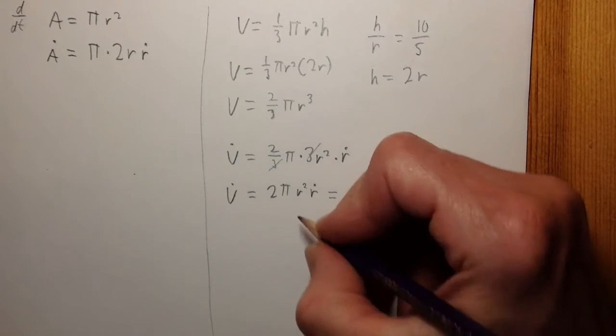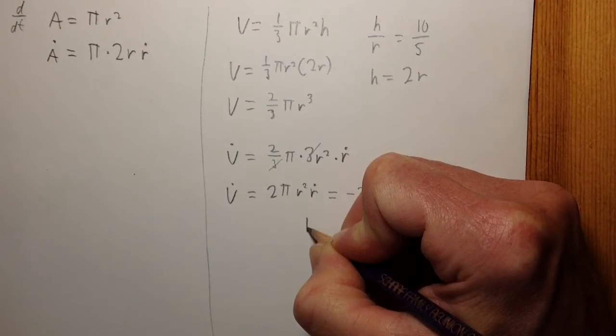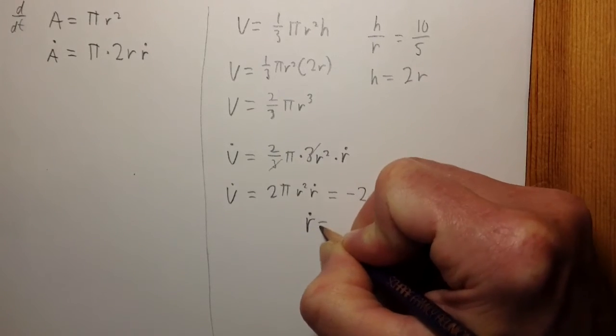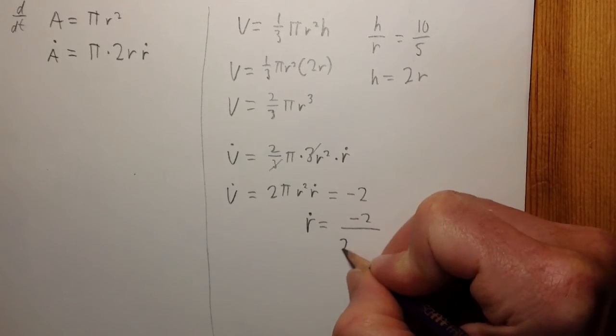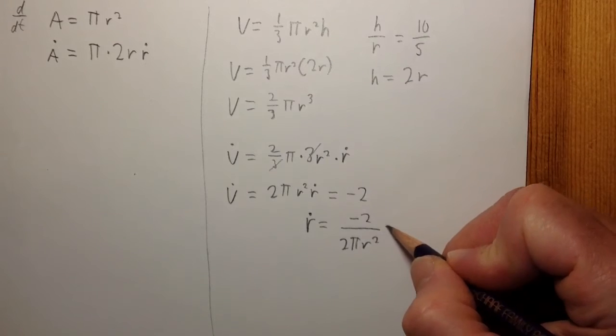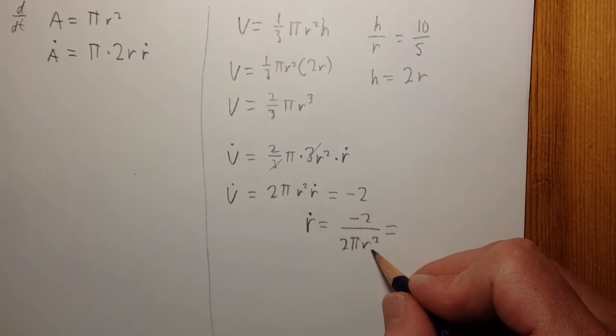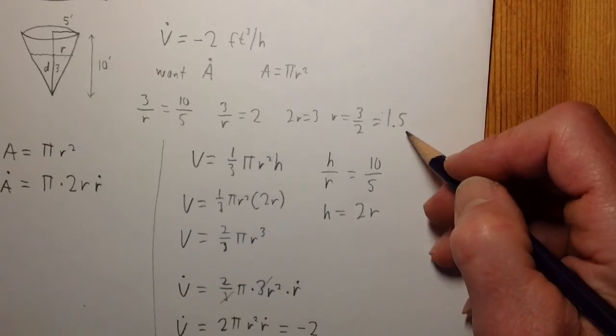Okay, so r dot then, put everything on the other side. R dot is -2 divided by 2 pi r squared. The 2's cancel, that's nice. And we want to know r dot when the radius is 1.5.